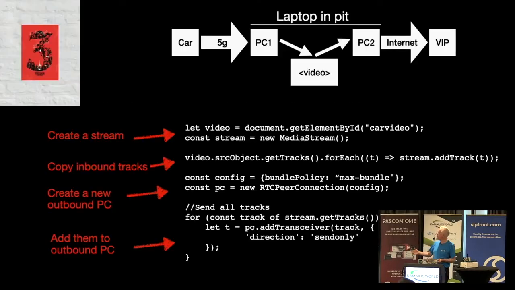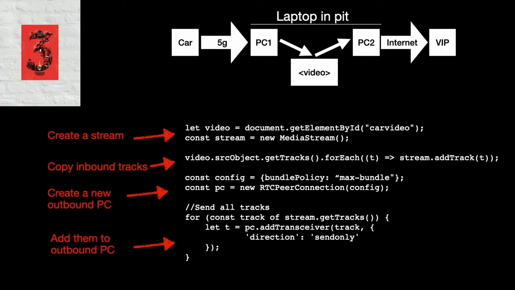So you can end up with this architecture where you get the stream from the car into peer connection number 1 in the laptop in the pit, you draw that onto the video wall, but you also send that one out, a second peer connection, to the VIP who's in a hotel suite or wherever.